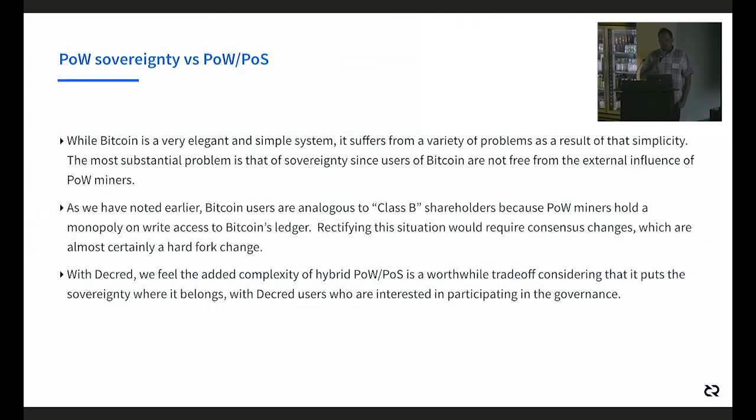And so the calculation we made was that the complexity added by the hybrid proof of work, proof of stake is small enough that it's worth implementing, because the value you obtain by putting the sovereignty back in the hands of the users, who can optionally participate in mining, is huge, because in the long run, the currency will do what its owners want as opposed to the bookkeepers.